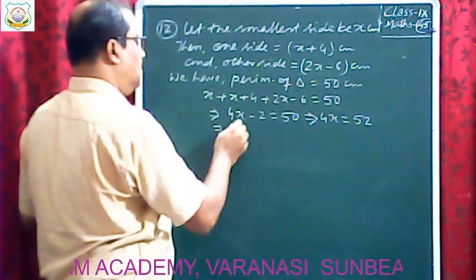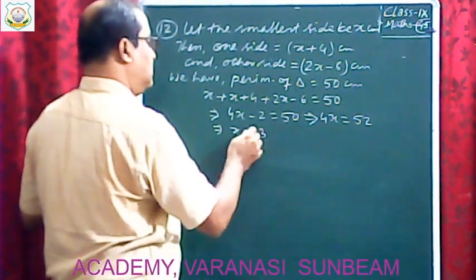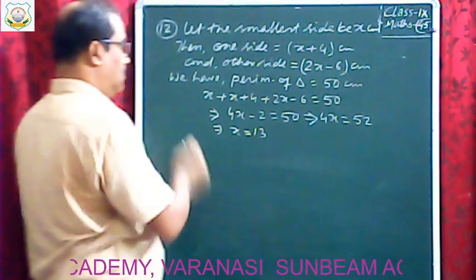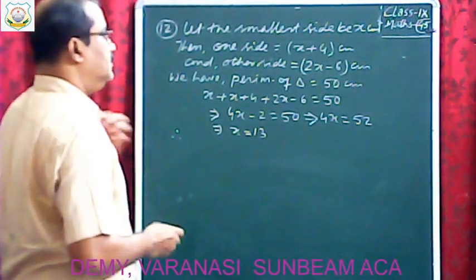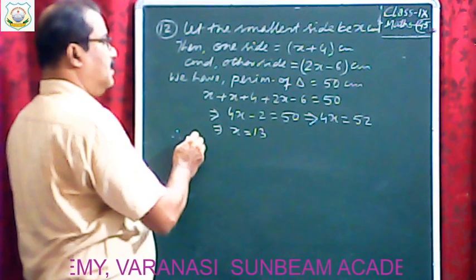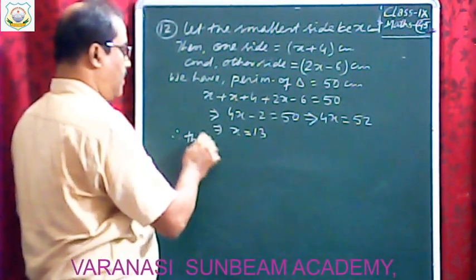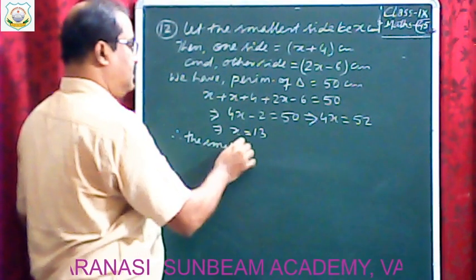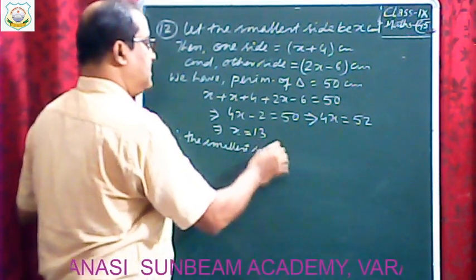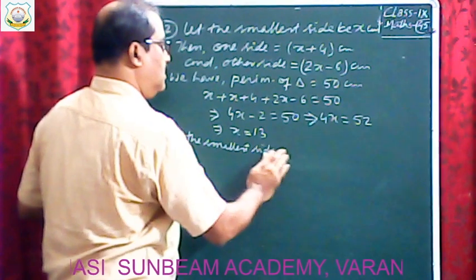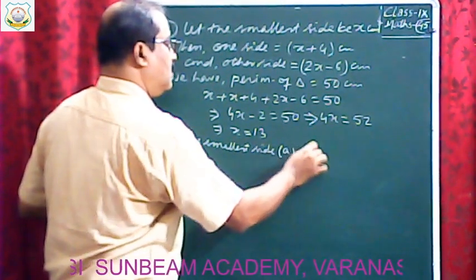So x equal to 13. So therefore the smallest side, suppose A, equal to 13 centimeter.